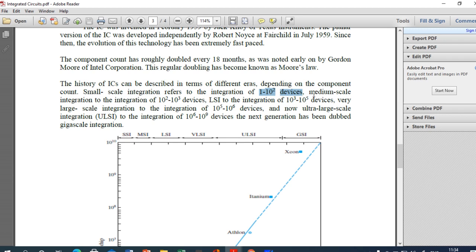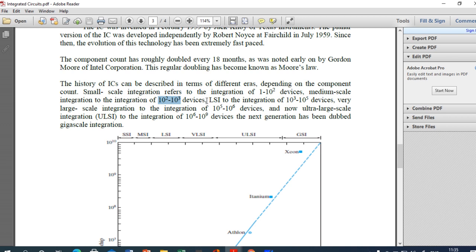Now the second is medium scale integration. In this, the number of transistors placed is 10 squared to 10 cubed, that is 100 to 1000 components, that is transistors, placed in this IC.